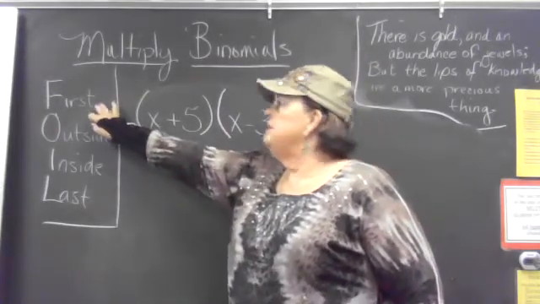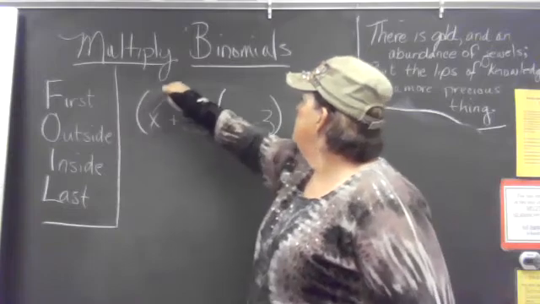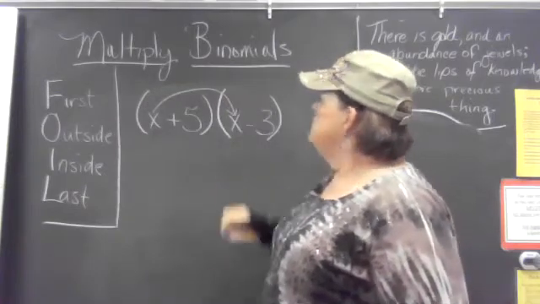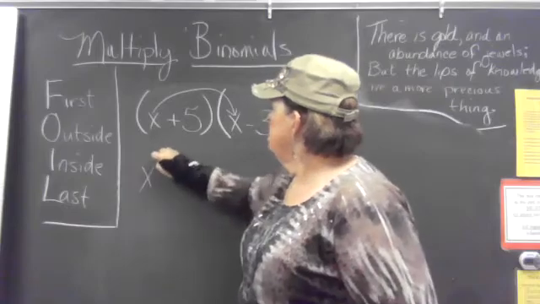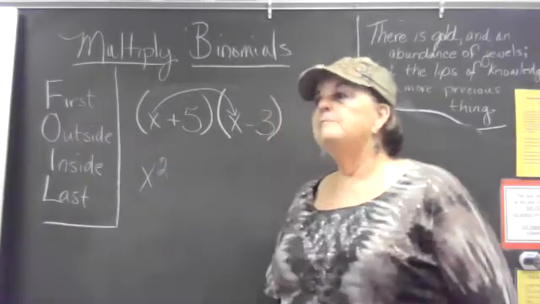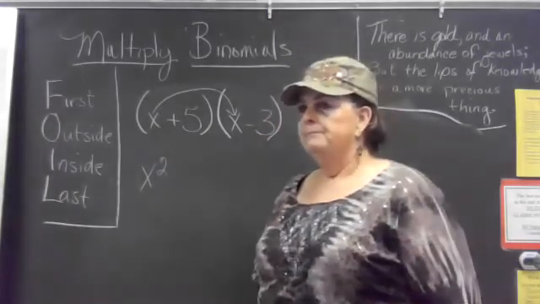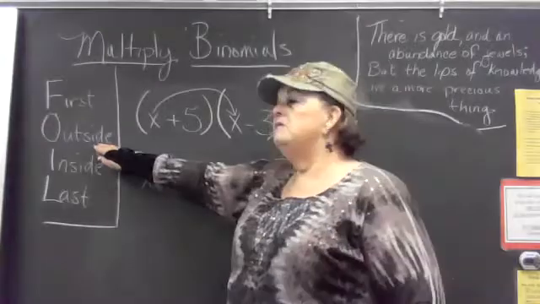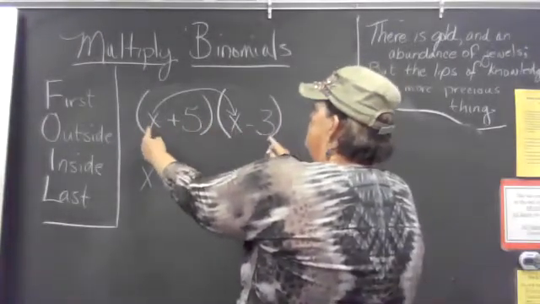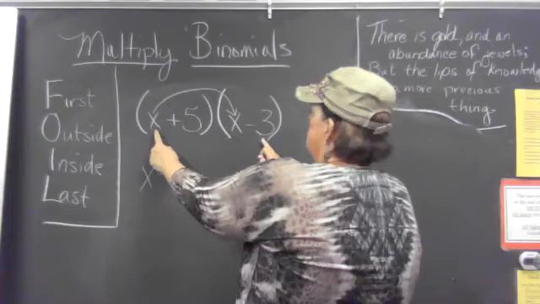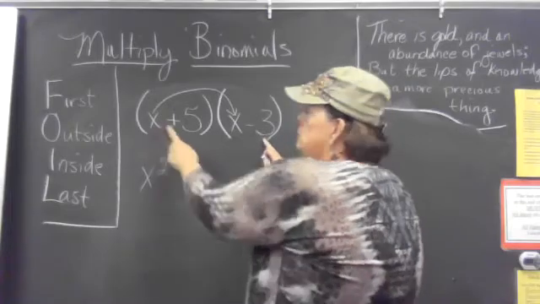This is the first one in this parentheses. So to do this, we're going to multiply the x times the x, okay? And x times x gives us x squared. Everybody okay with that? Now, outsides mean of this whole problem, these are the outside numbers, totally outside.